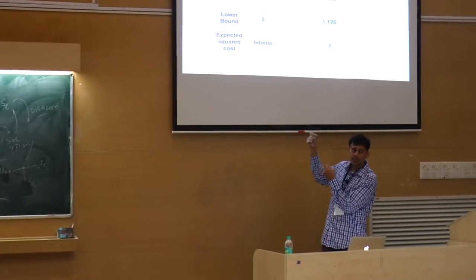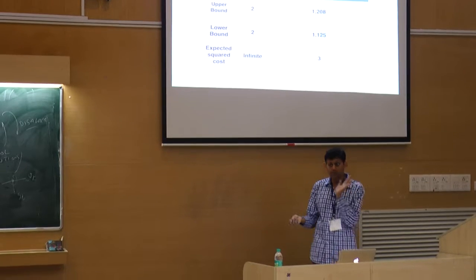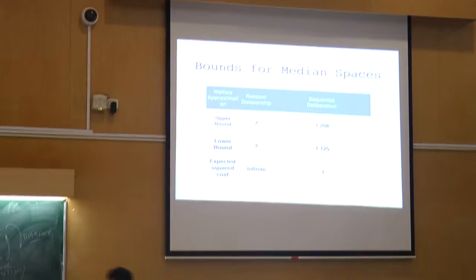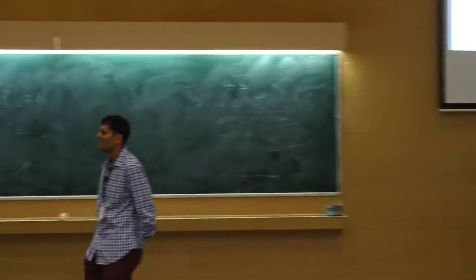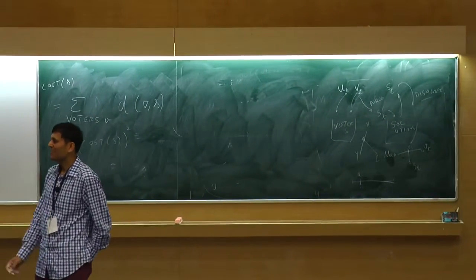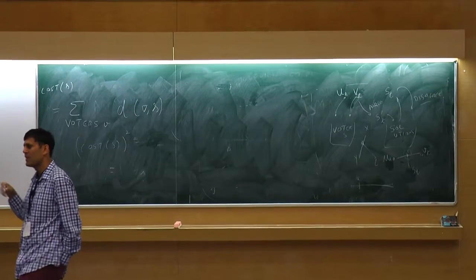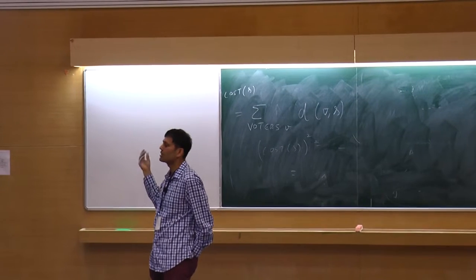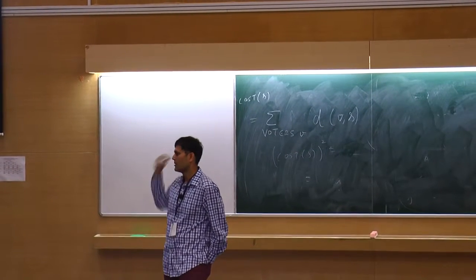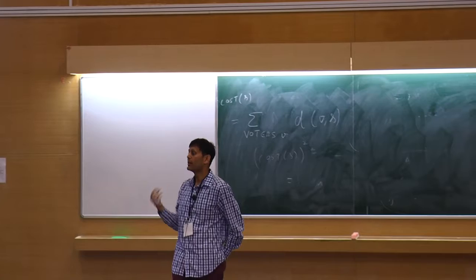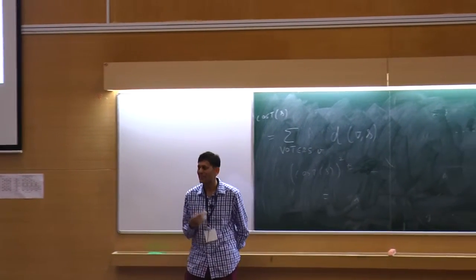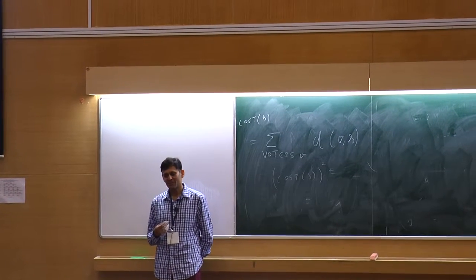So random dictatorship looks like it is doing reasonably well in the cost, but it's not doing reasonably well in terms of the variance of the cost. Unlike the other distortion measure side, we didn't really have anything else to compare it to. Maybe that's why. And random dictatorship itself is quite good. So maybe your question is quite valid.